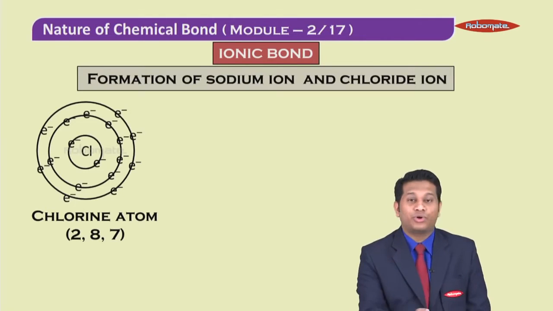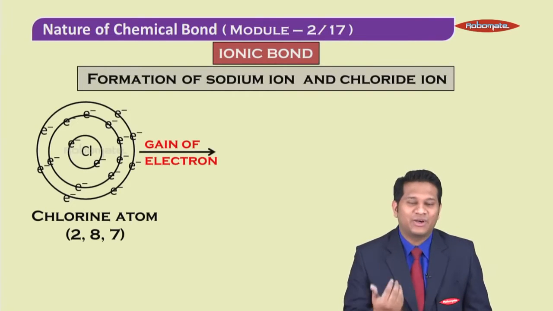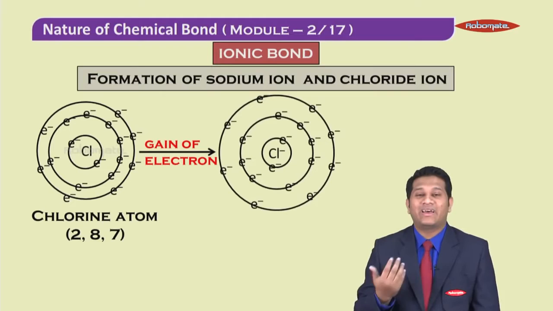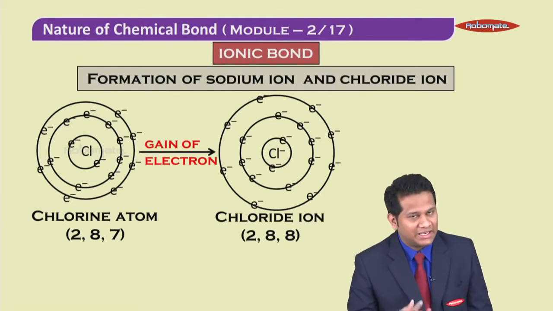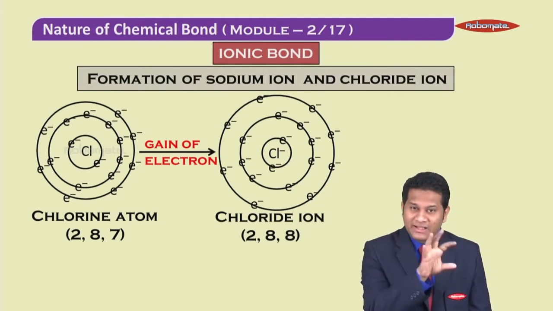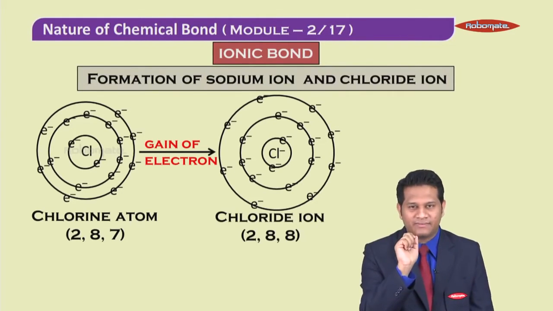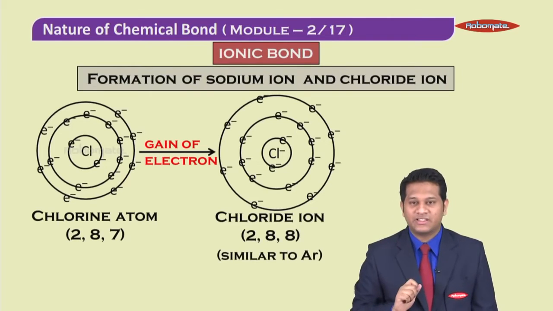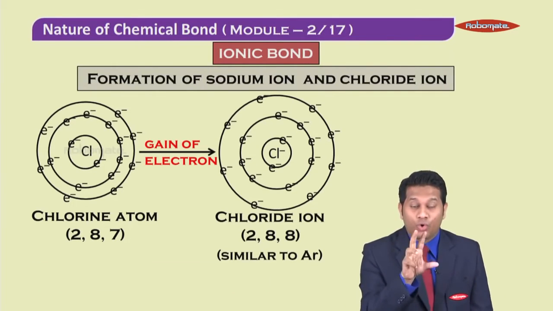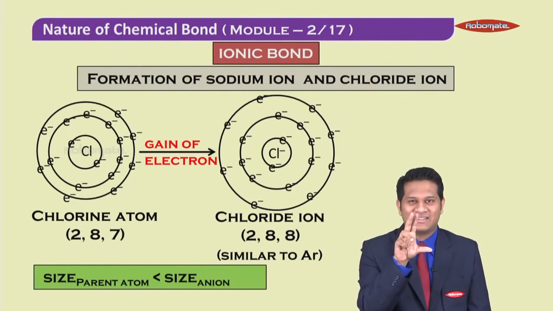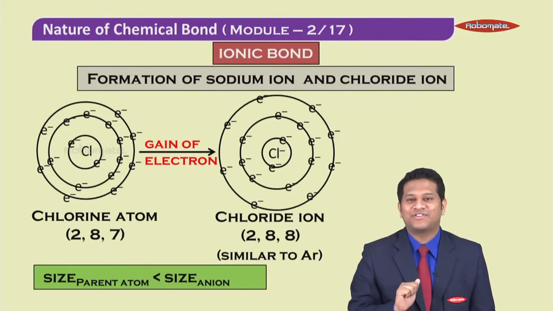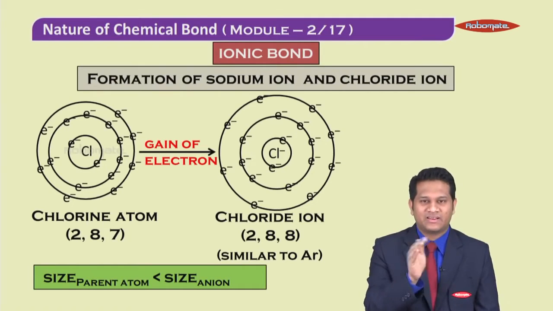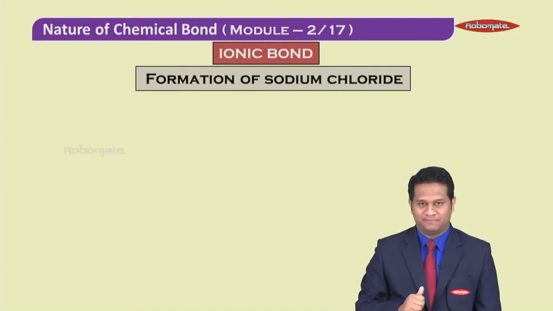Then the answer is it is going to accept 1 electron, and the chlorine atom becomes chloride ion having the electronic configuration 2, 8, 8. Now if you look at once again the size difference, can you see that? Yes, and the conclusion is very obvious that in this case chloride ion is bigger in size and chlorine atom is comparatively smaller in size. So I can say that the size of the parent atom is small as compared to the size of the anion.